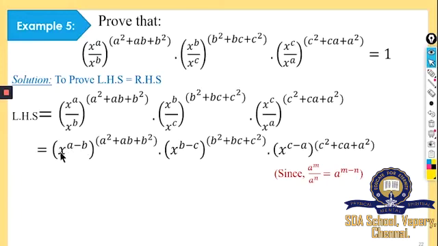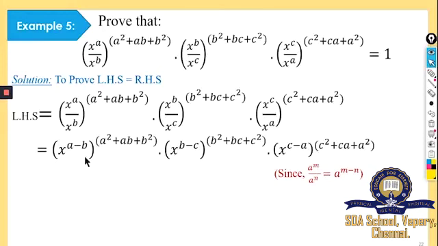So here a value is x, and m value is a, and n value is b. So that is how we have got x power a minus b. And the power term, write as such. Likewise, here also you have to apply the a power m by a power n law. Likewise, in the third term also you have to apply the a power m by a power n law.